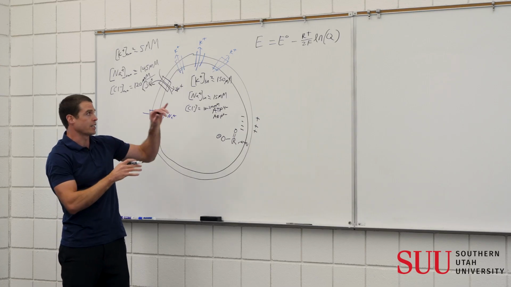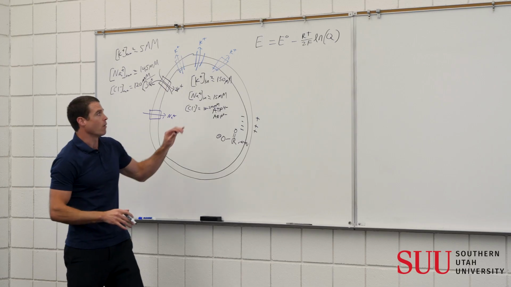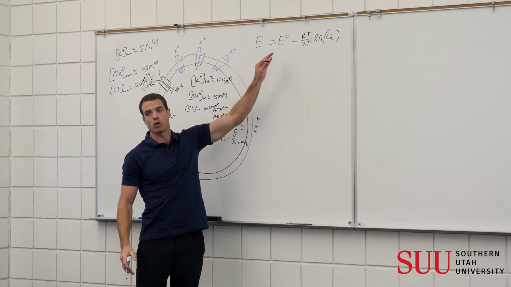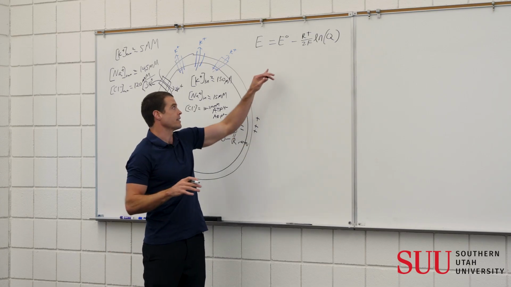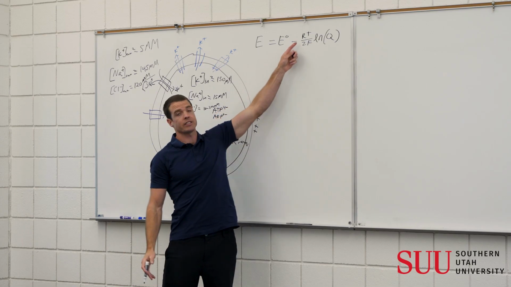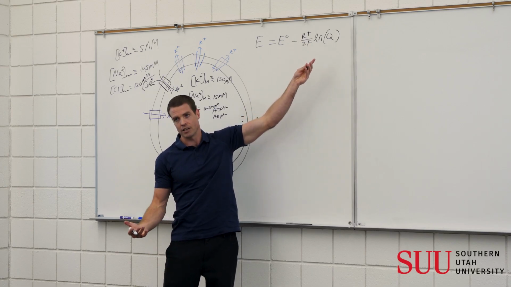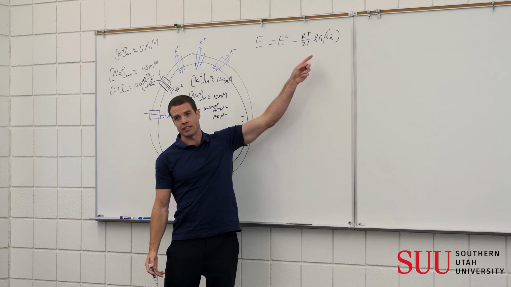So in this case, it would be the concentration of ions on the outside over the inside. Now, E naught is the chemical equilibrium of when everything is balanced. Well, in this case, it's going to be 0. Now, R is the gas constant. T, we can use body temperature, 37 degrees Celsius. And Z is the charge of the ion, and F is Faraday's constant.